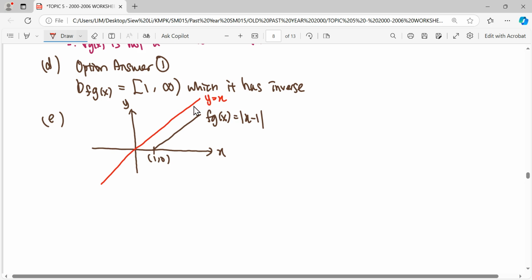When you're drawing this reflection axis and this modulus line, make sure their gradients are the same. It means they will be parallel lines, because you can see y equals to x, the gradient is 1. When I'm drawing this modulus graph, x minus 1, the gradient is also 1. So these two lines should be parallel to each other.